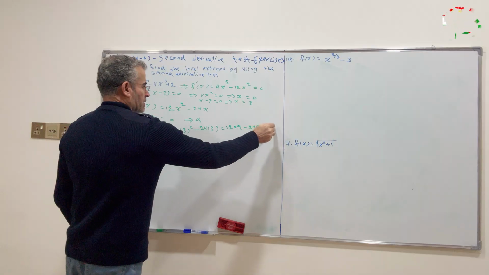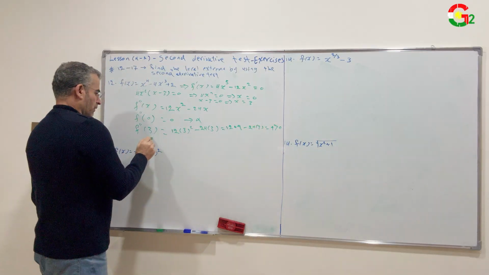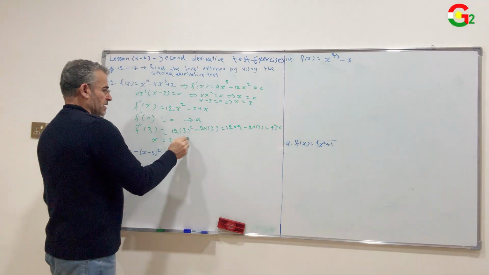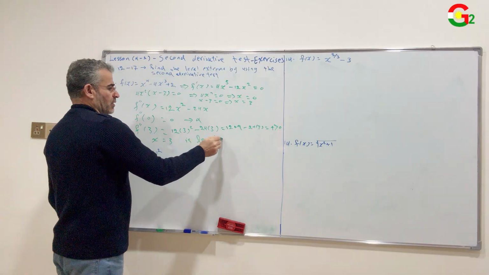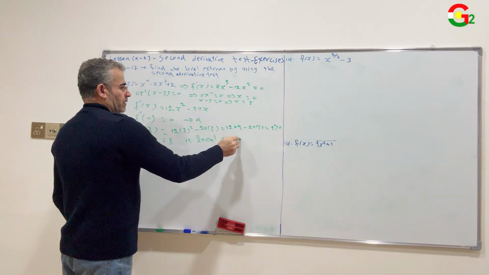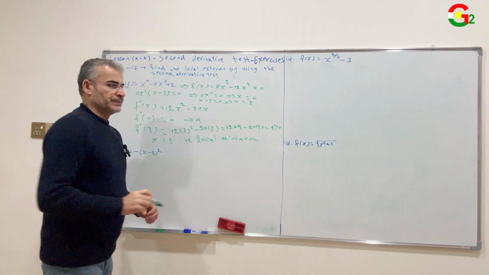The answer is positive, greater than 0. Therefore, x equals 3 is a local minimum point for this function.